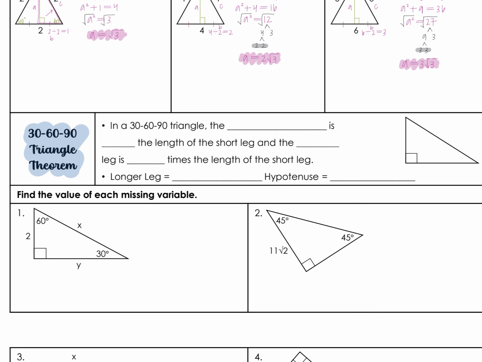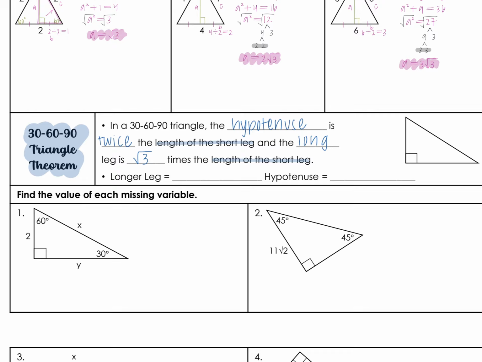Okay, so in a 30, 60, 90 triangle, the hypotenuse is twice the length of the shorter leg and the long leg is root 3 times the length of the short leg.